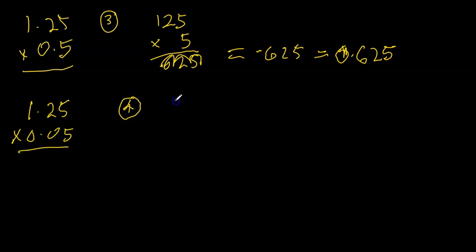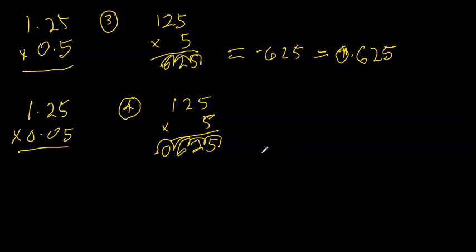And then we multiply the two numbers as whole numbers. This also gives us 625, same as before. And then we account for the decimal places. We start from here, and move 1, 2, 3, 4, and then we fill the empty place with a 0.